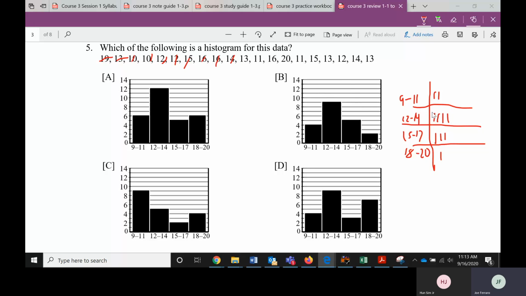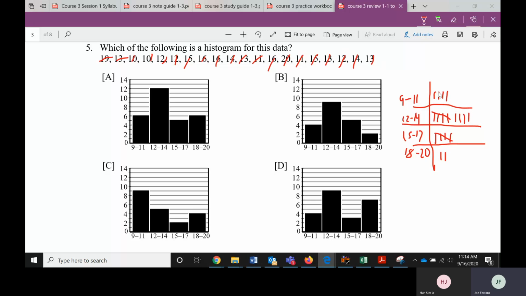Now on my 5th one, I'm going to make it go through like that, and then it's easier to count. I got an 11 goes up here. 16 will go here. 20. 11. 15. Now that's our 5th one there. 13. 12. 14. And 13. So now we can look.